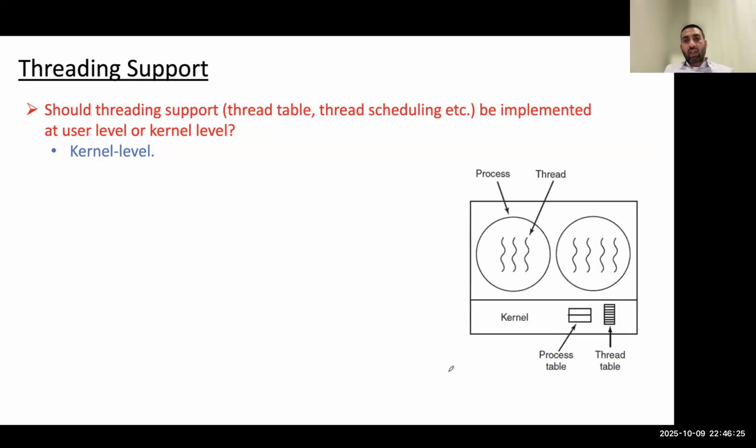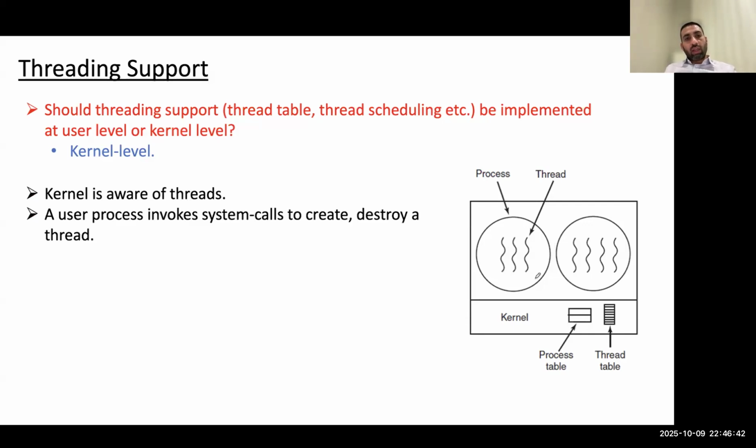So how do things look if we make that decision? Then the kernel is now aware of the threads which exist within a process, right? Here, for example, you have a process and it has multiple threads.